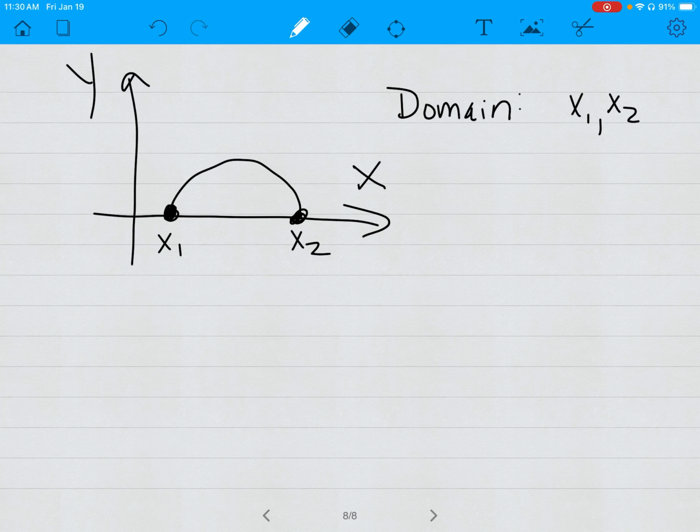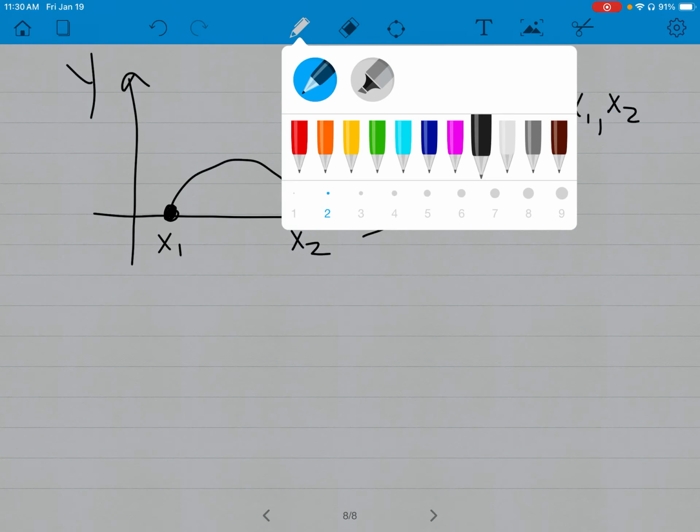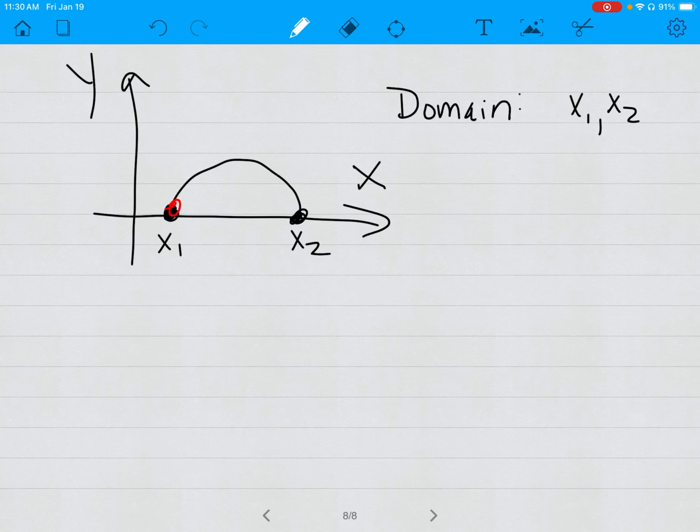That's everywhere that the function is defined, all of the x values where it's defined. But unlike the previous function, these endpoint values are included as part of the interval because we have the closed circles there. The difference that makes in terms of the interval notation is that we use square brackets.